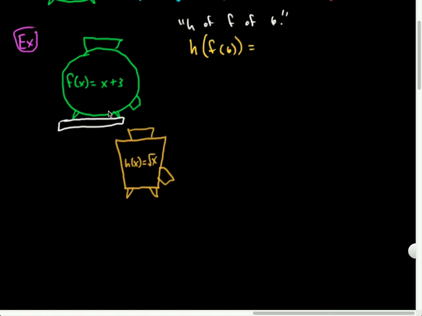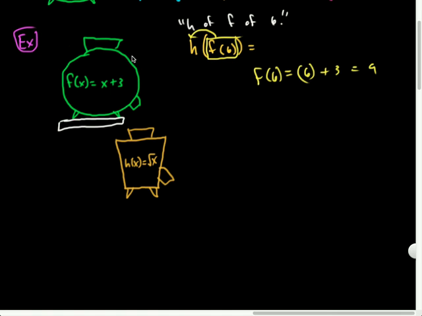So h of f of 6, if I want to calculate that, what that means is calculate f of 6 first. What was f of 6 equal to? Well, 6 plus 3 is equal to 9. And now f of 6, whatever I got, is going to be plugged into h.